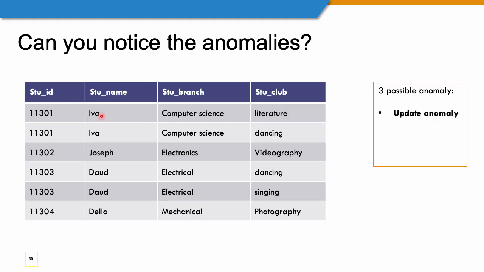If Eva changes her branch from computer science to electronics, then we will have to update all of the rows. Eva has two rows here. If we miss any row, then Eva will have more than one branch, and this will create the update anomaly in the table.